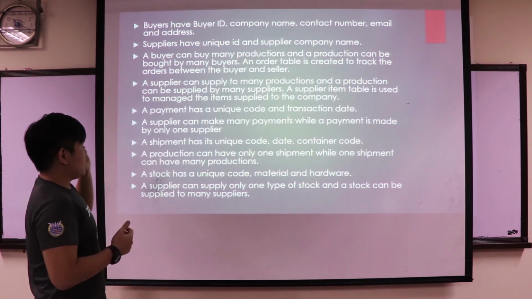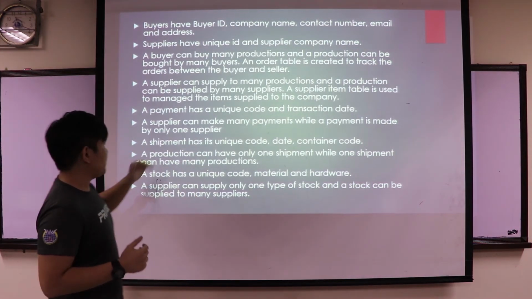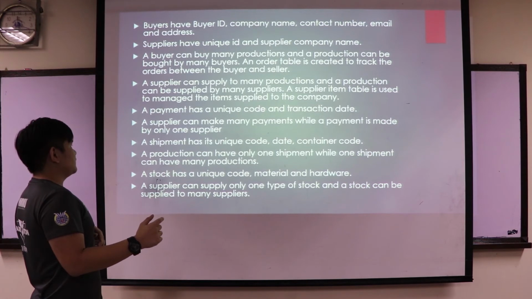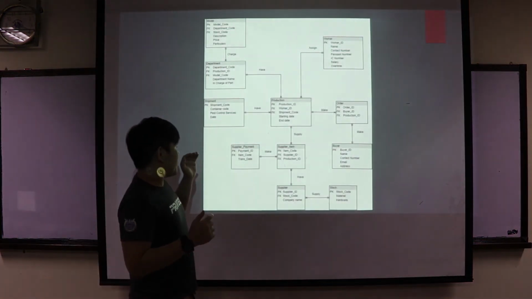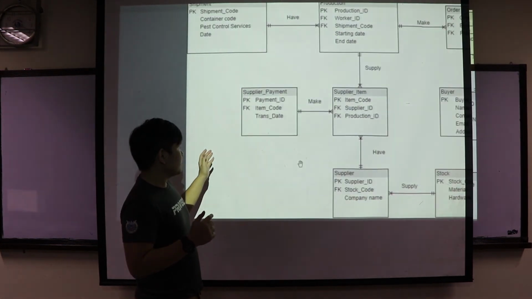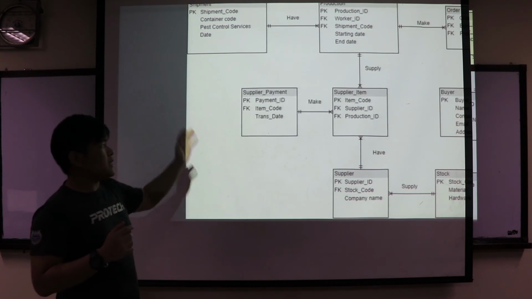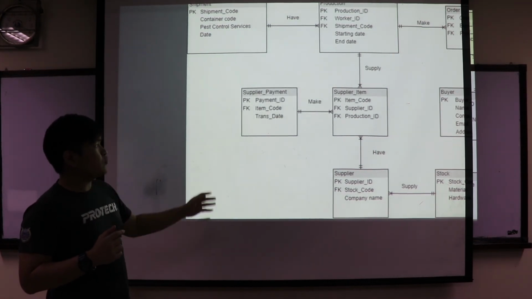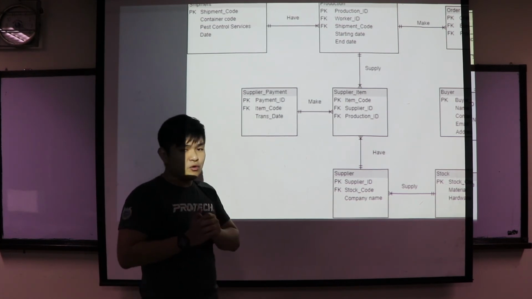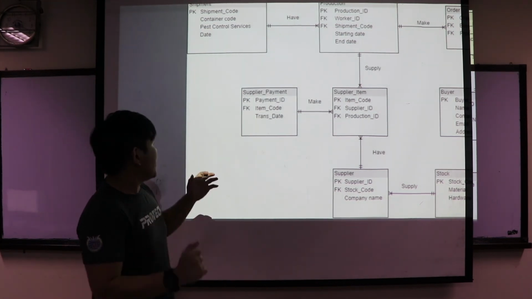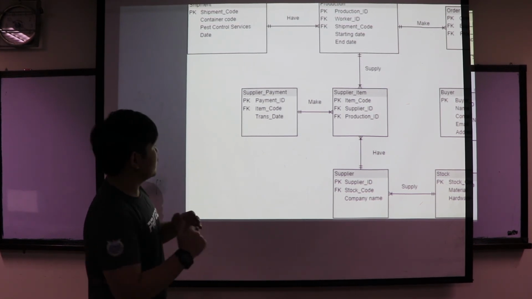A supplier can make many payments, while a payment is made by only one supplier. Based on the diagram, we can know a supplier payment can make many payments to the supplier item, but a supplier item can only be made by one specific supplier payment. Okay, back to the question.